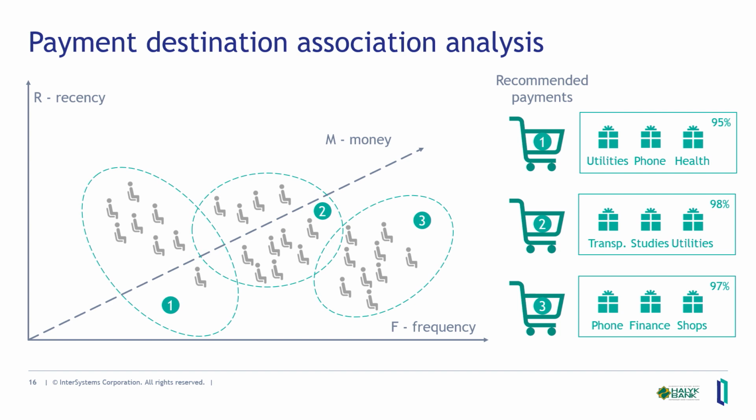Like in this case, I pay for utilities. And I'm from segment 1, so I pay for utilities. There is a lot of probability I'll pay for phone and I'll pay for health services. If I'm from segment 2, I can be a younger individual, so I pay more for transport, studies, and for utilities, of course. The third segment could be a little bit more luxury people, and those pay phone, finance. They have finance to invest somewhere, and they're paying for shopping, for example.